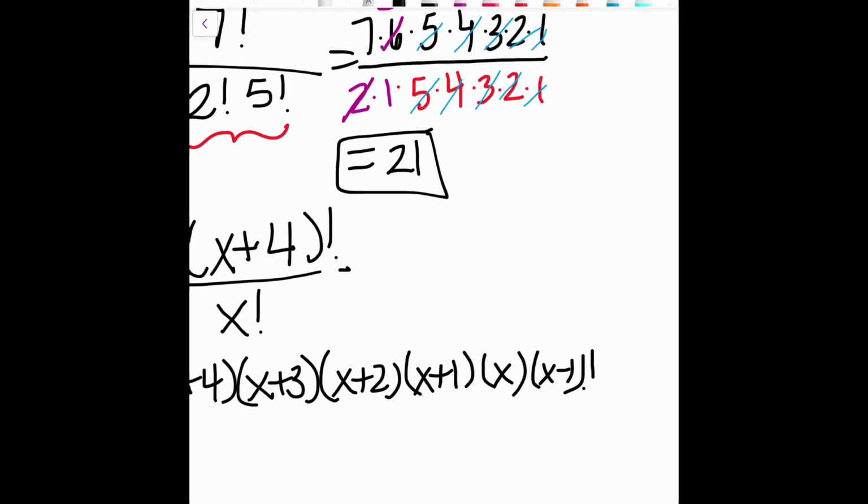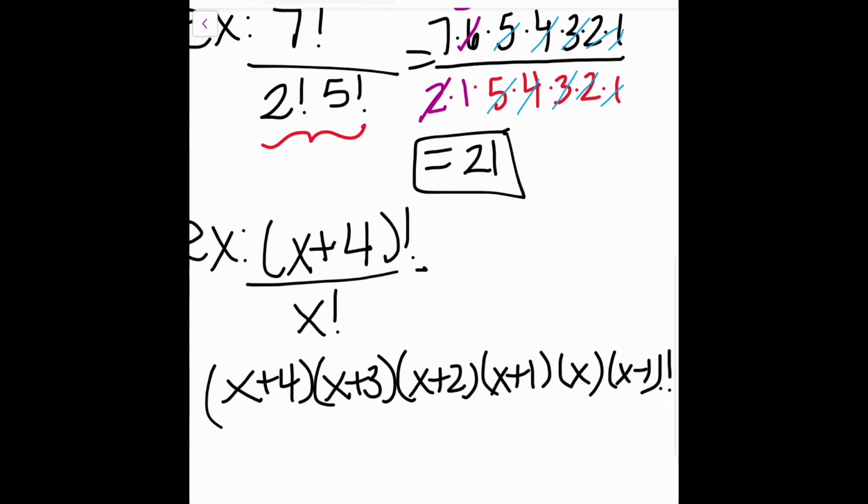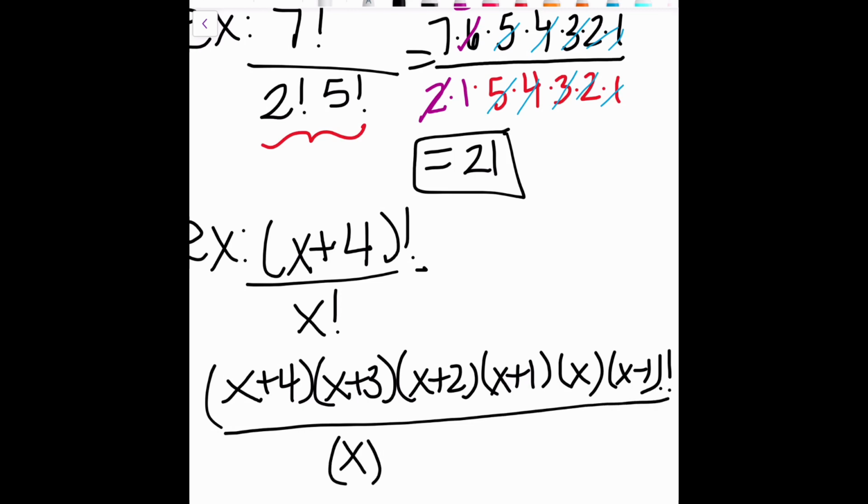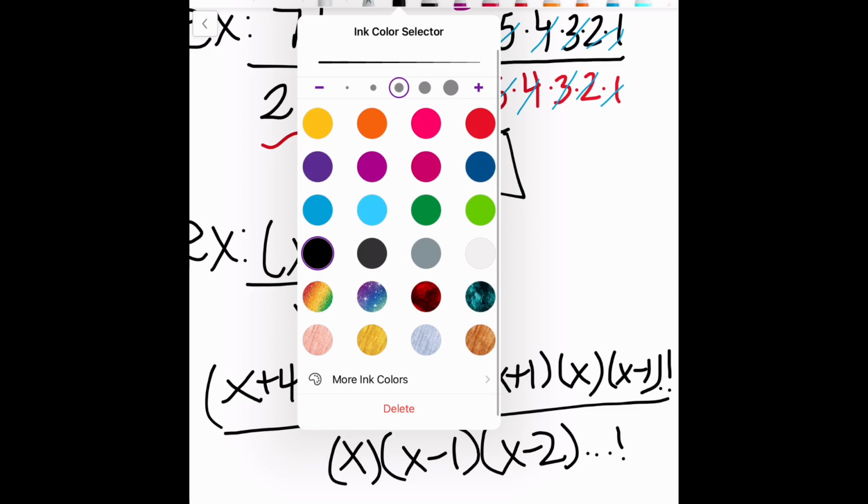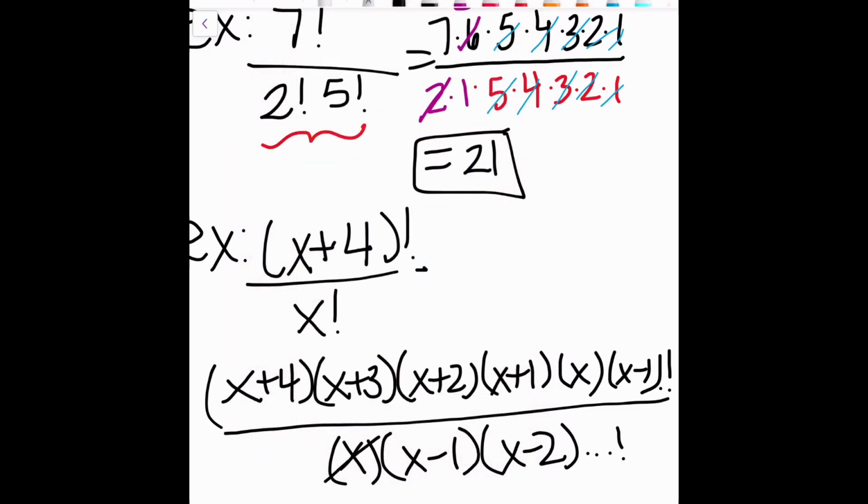But this would be like factorial at the end, divided by x factorial, which would be x times x minus 1 times x minus 2, etc. forever. So I do end up with x in both my numerator and my denominator, and everything past that, my numerator and my denominator.